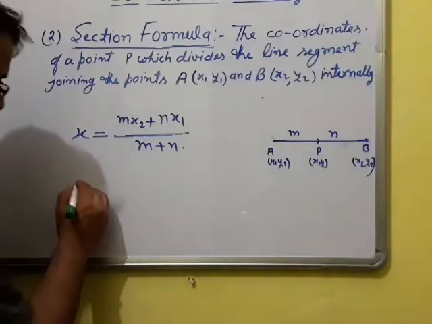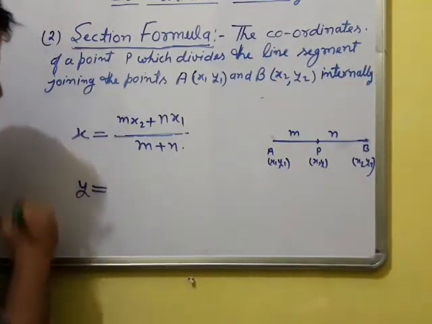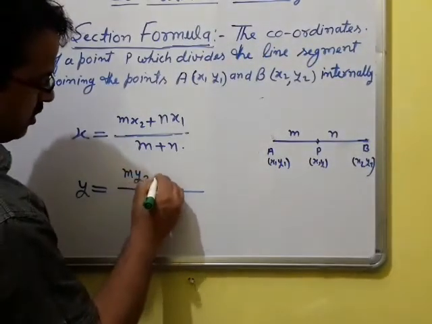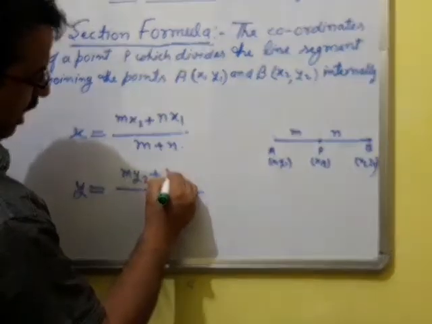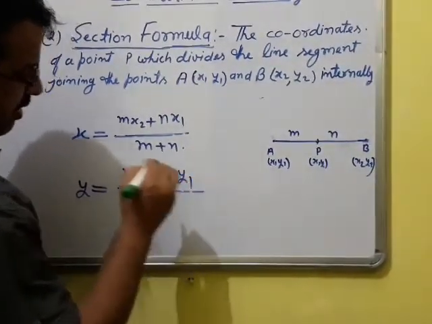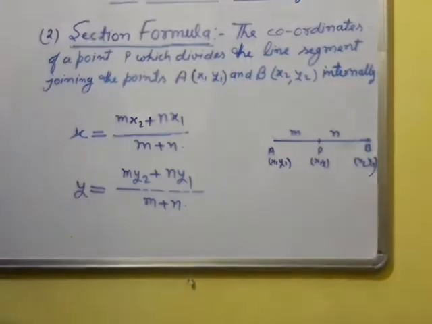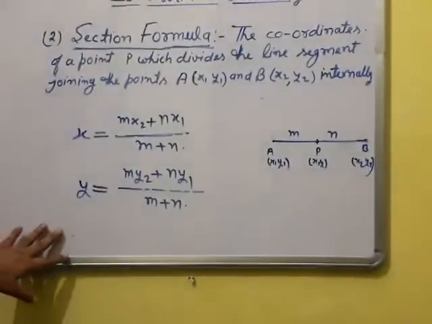Now find y. Y, similarly, is (m y2 plus n y1) upon (m plus n). Clear?